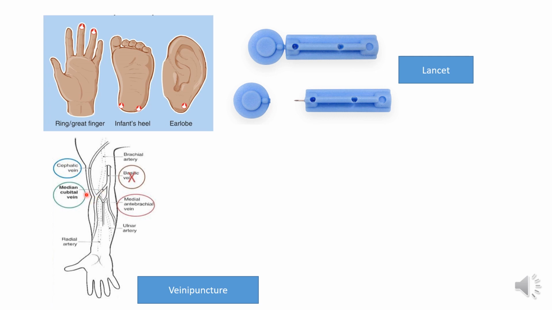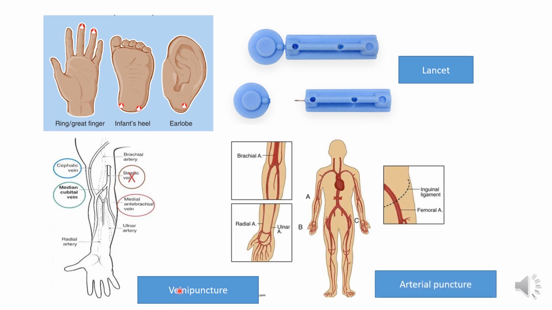So based on all these criteria, the median cubital vein is the most preferred site for venipuncture. Now the next is the arterial puncture, which is done from the brachial artery or the radial artery, and it can also be done from the femoral artery. So these are the different sites of blood sample collection.